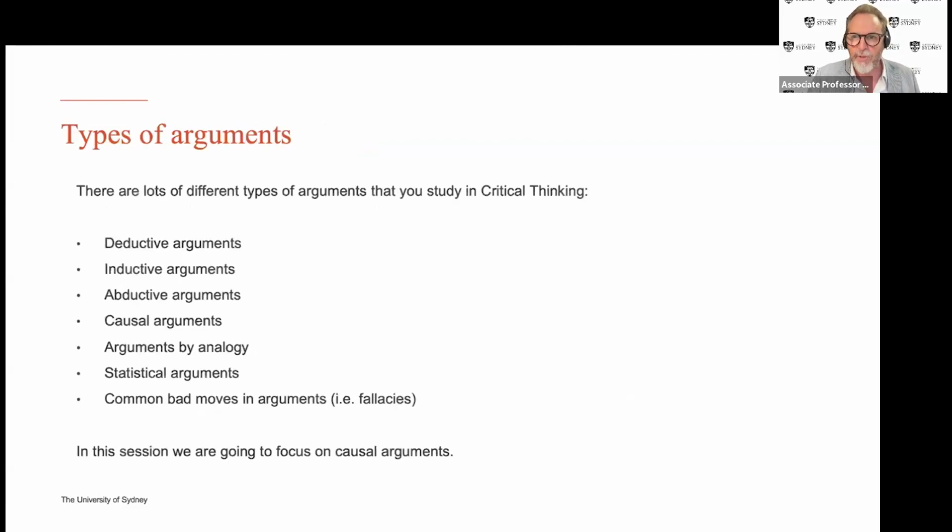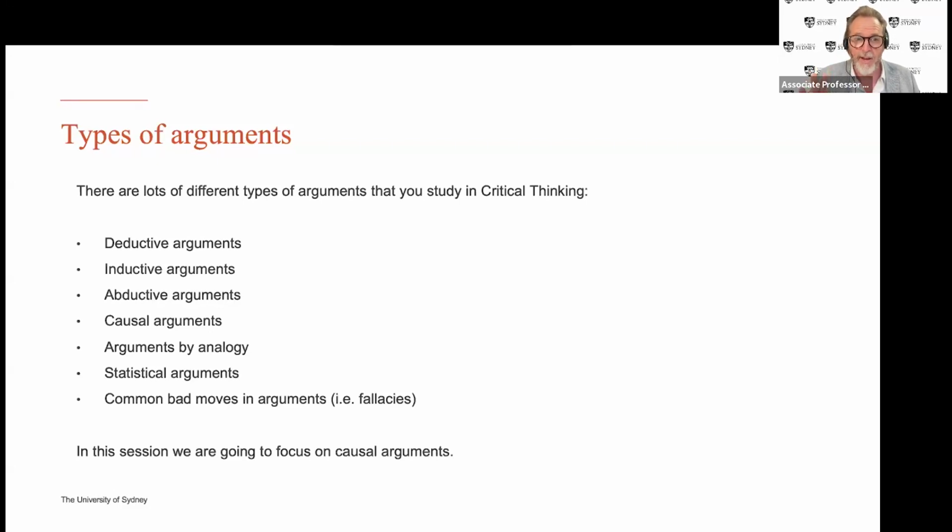So the study of critical thinking is focused on arguments, and arguments come in a lot of different types. When you study critical thinking in detail, you work through all of these different kinds of arguments. So you would look at deductive arguments, inductive arguments, abductive arguments, causal arguments, arguments by analogy, statistical arguments, and you learn how to recognize a lot of common bad moves in arguments, what we call fallacies.